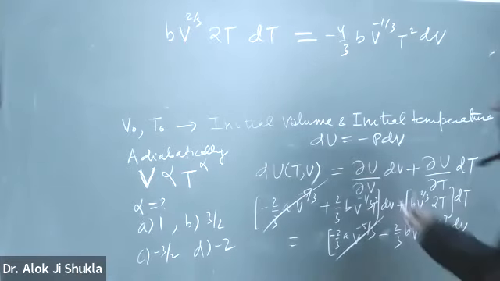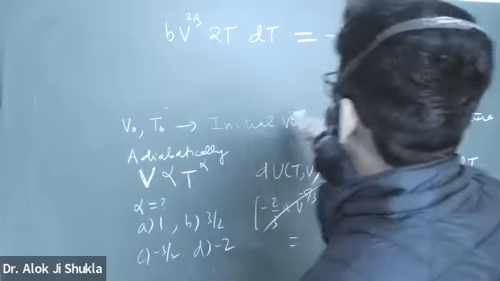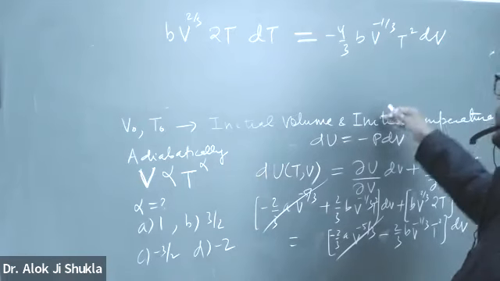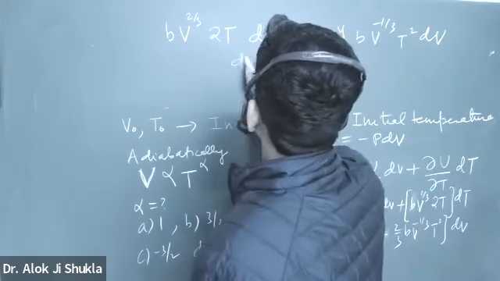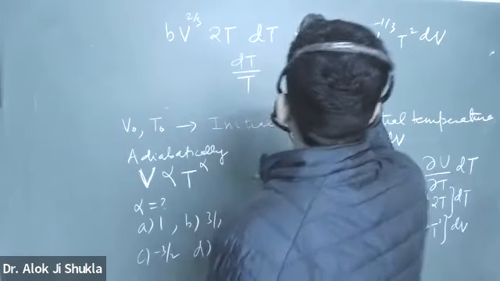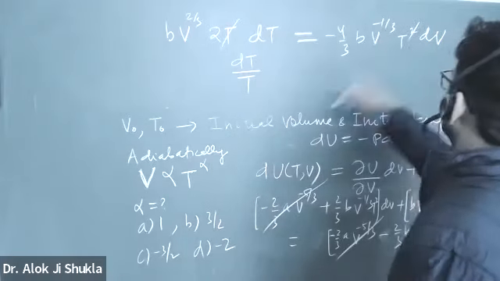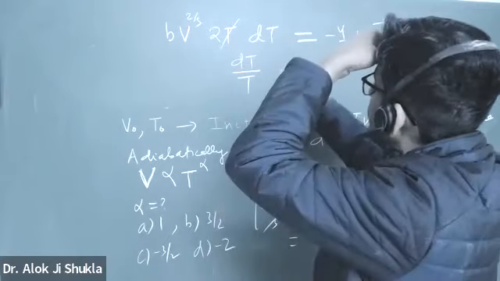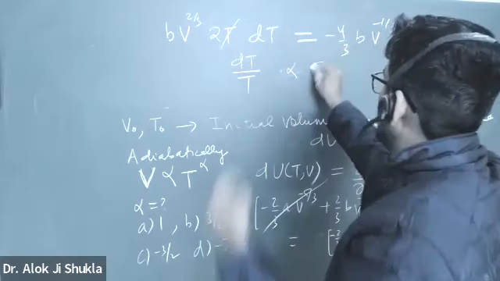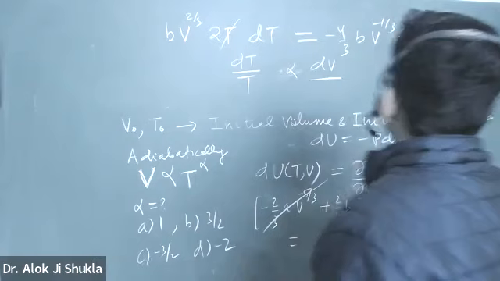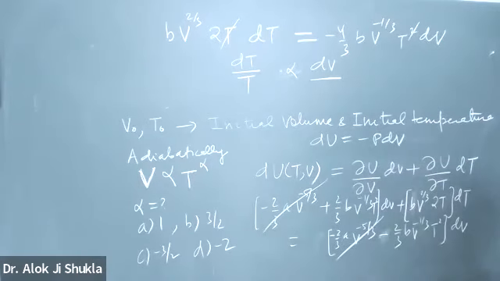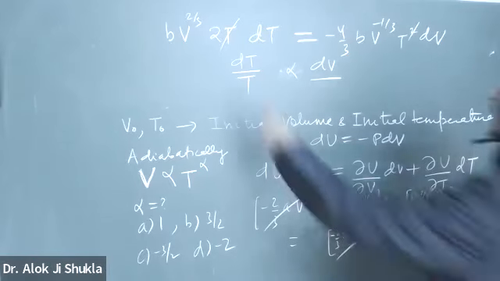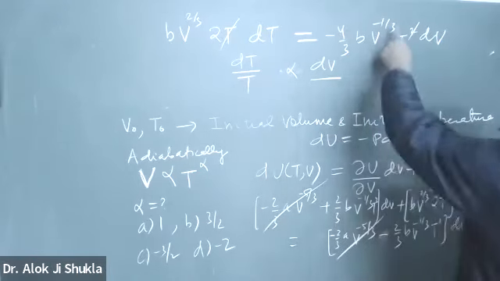So they have just asked for the proportionality. So just forget about the constants. So dt by t is proportional to dv by, what am I getting? Some v to the power minus 1 by 3 and v to the power 2 by 3 comes to this side.